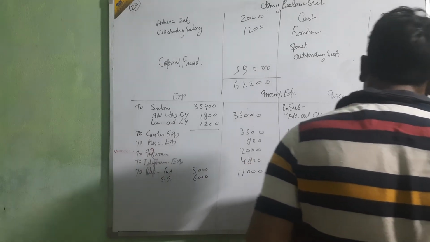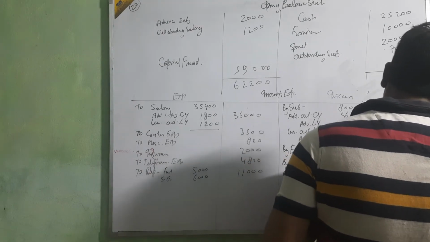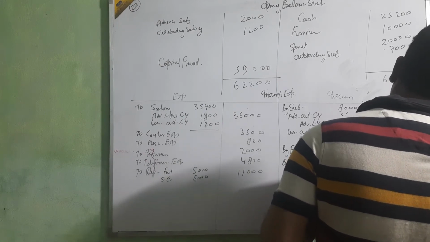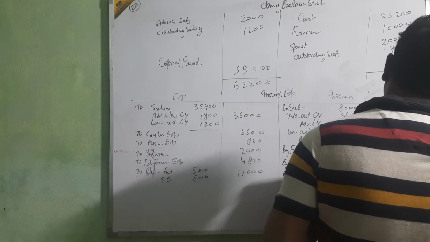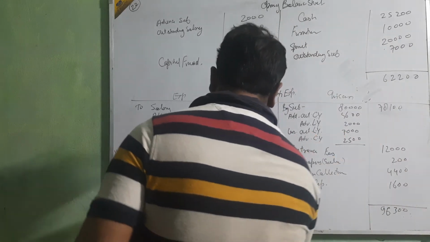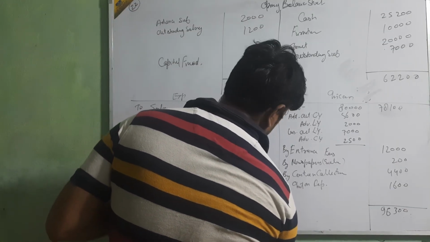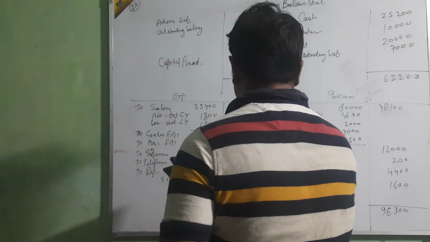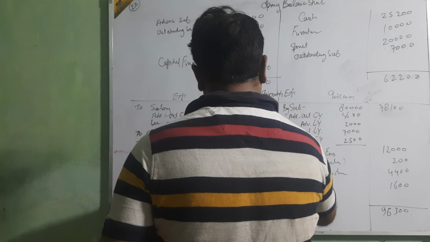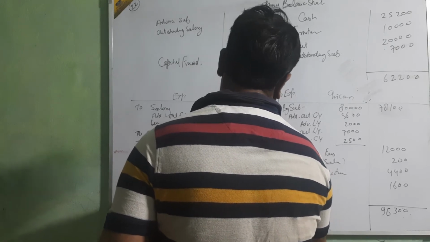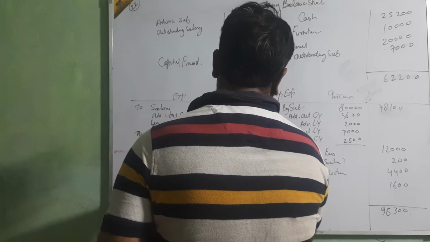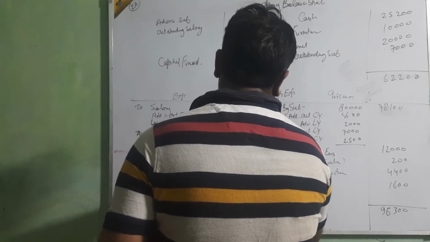Okay, now start. 70, 80, 90, 95, 96,300. Here 96,300, 36, 46, 50, 55, 56, 57,600, 58,100.